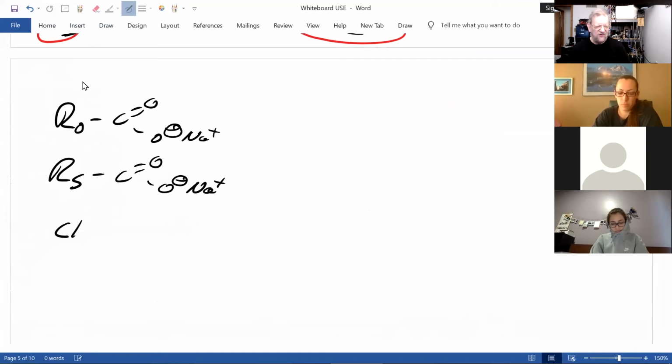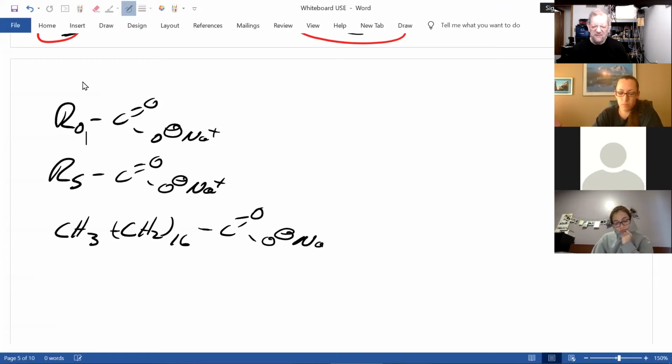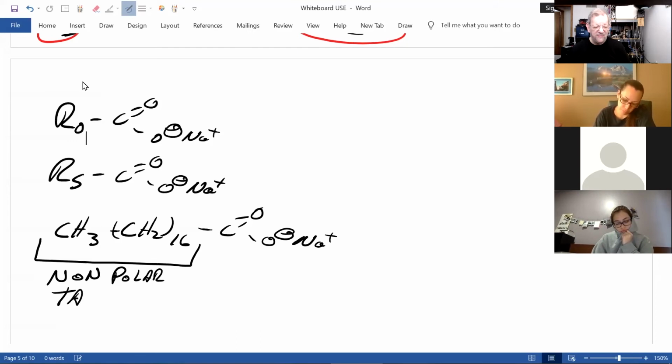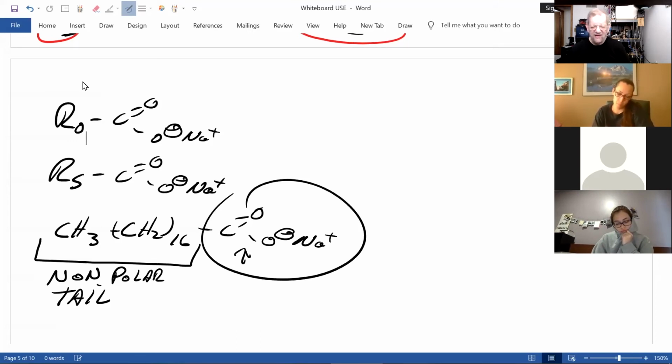If I write stearic acid out, or sodium stearate really, and this is a major part of bar soap, this part is your nonpolar tail. Hydrocarbons, carbon and hydrogen, are nonpolar. And see how this has a charge to it? This is your polar head.